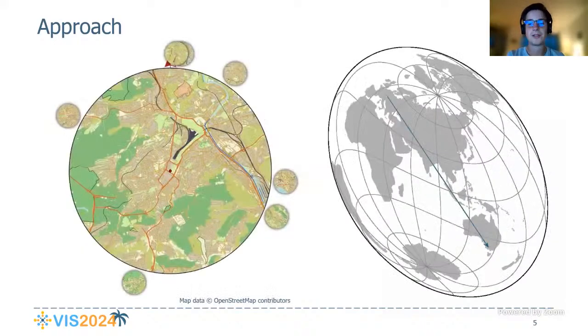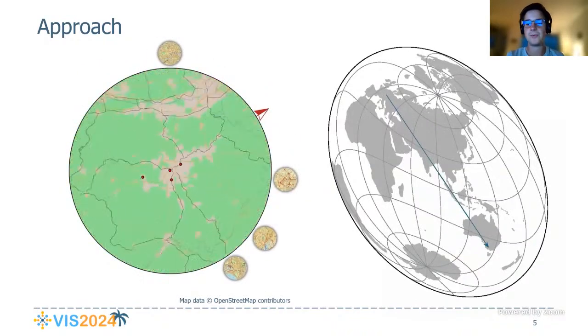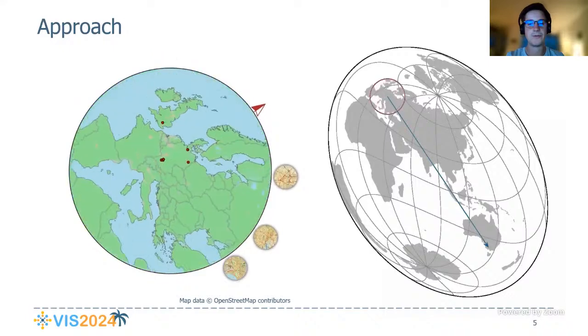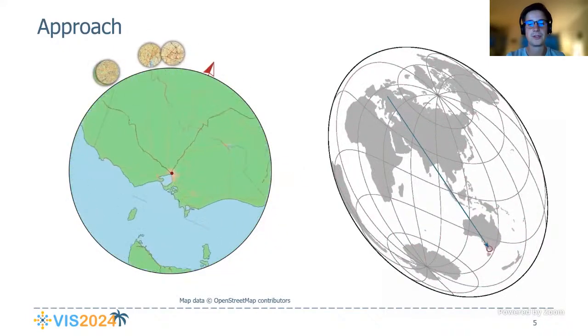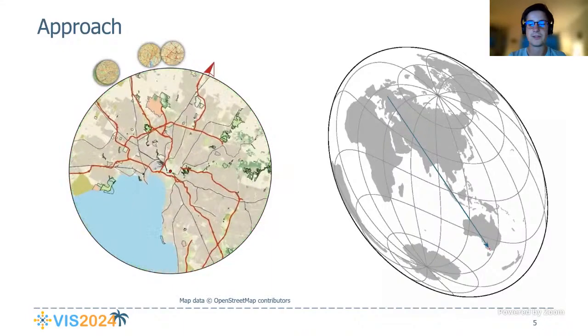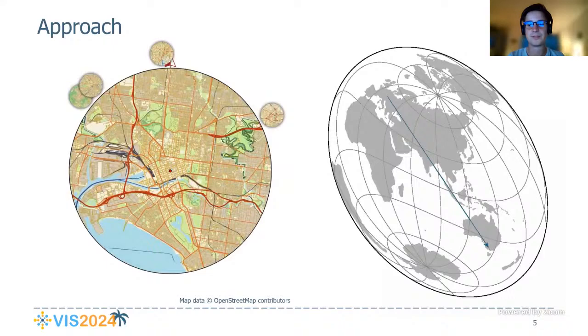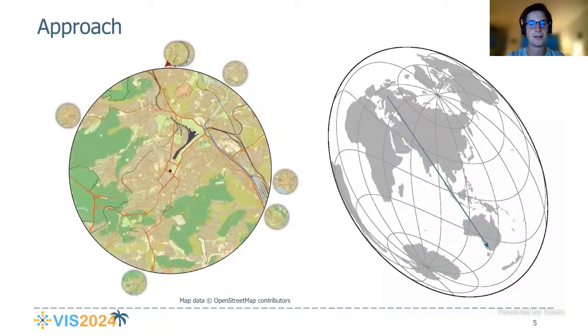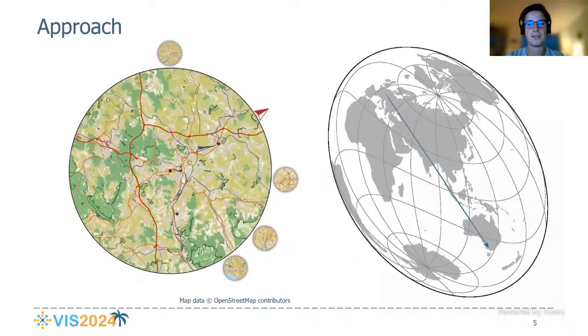Our second prototype, which we show on the left here, uses two-point equidistant projection for the animated zoom and pan transitions between two locations. Locations of interest outside of the viewport are indicated by small circle maps at the edge of the main ego perspective map pane in the direction toward the indicated location.